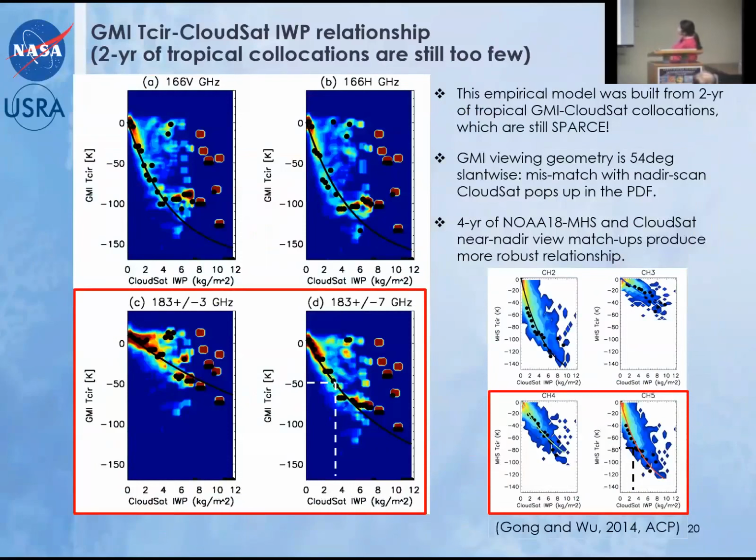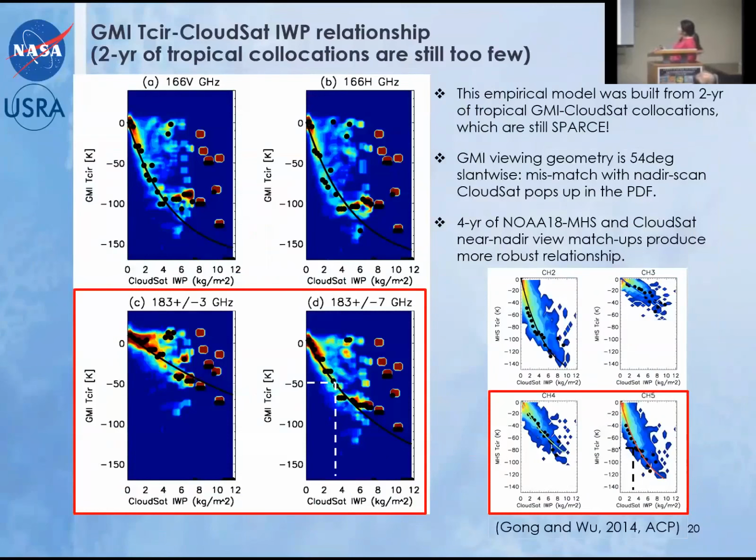But compared to our previous study using the NOAA-18 microwave humidity sounder, which is a cross-track scan, and this is all the collocations from near nadir view with CloudSat, you can see it looks much cleaner compared to the GMI. That's mostly because this is near nadir matching with nadir. CloudSat is also nadir.